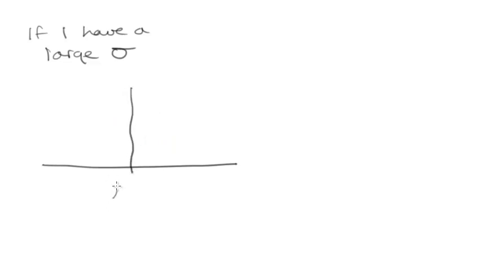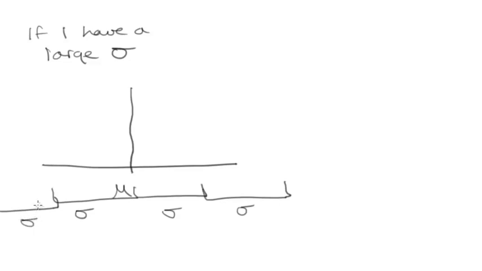But if the standard deviation gets larger, it's going to take 2 of these to cover the entire graph, or almost the entire graph, 95% of it. So what we're going to end up with is a much wider graph.